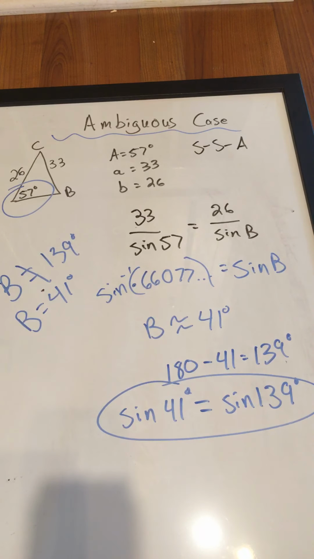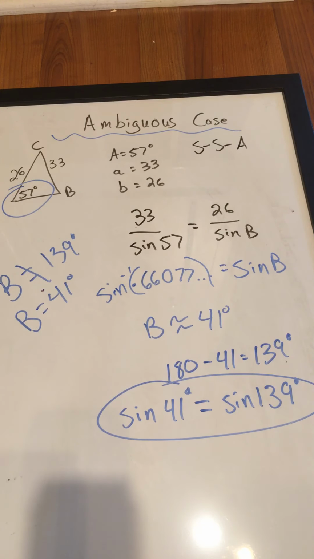In this problem, we are showing that we can get two solutions for angle B, but only one of the solutions is valid. We're going to show some later examples where I can get two solutions for angle B, and both will be valid. But we'll cover that in a later video. Once I know that angle B is 41, I can proceed and solve for angle C as well as side c.